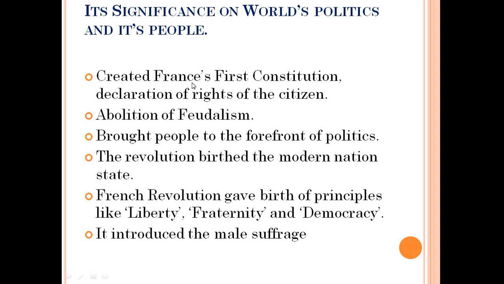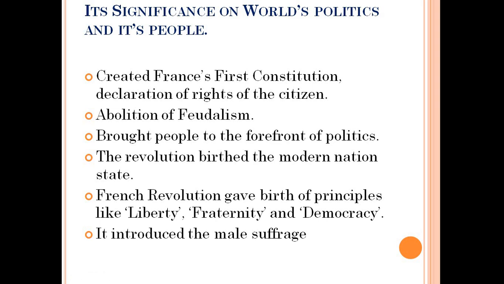Next, the revolution birthed the modern nation state. The concept of the modern nation state that we have now started after the French Revolution. And the most important thing that the French Revolution gave to the people of the world is the principles of liberty, fraternity, and democracy.